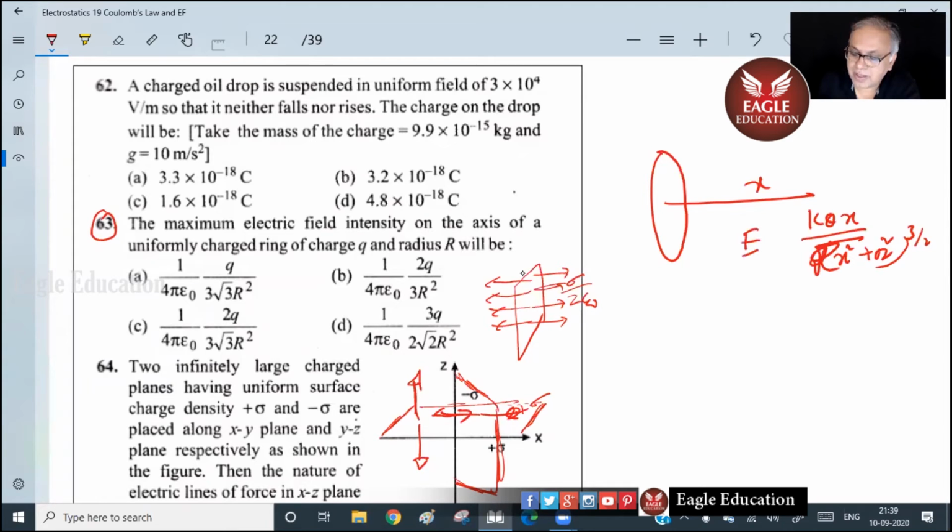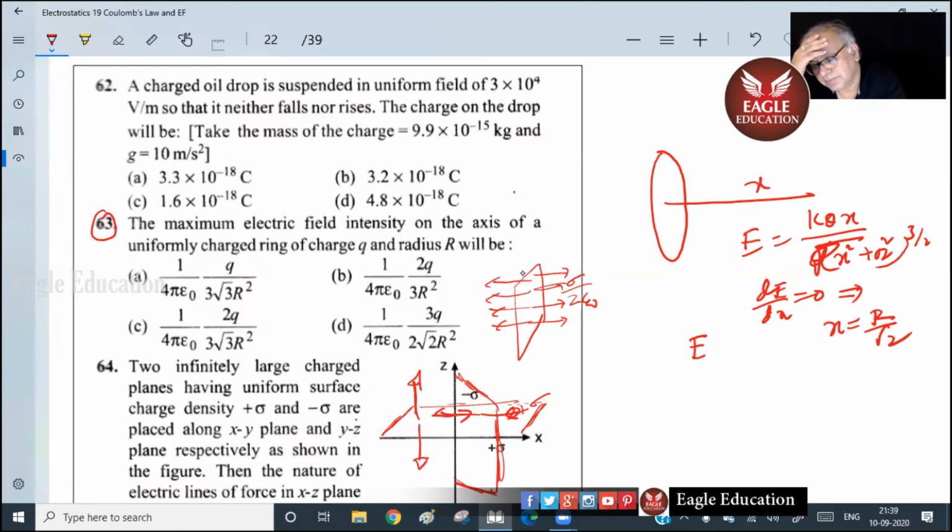And I told you by making dE by dx equals 0, we said x equals r by root 2. This r by root 2 you put here, and you'll get that E value, which you'll find in the answers. Come on. Sir, 1 by 4 pi epsilon naught into 2q by 3 root 3 r square. That's correct.